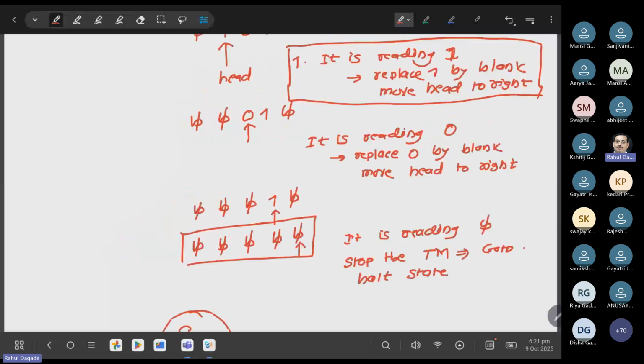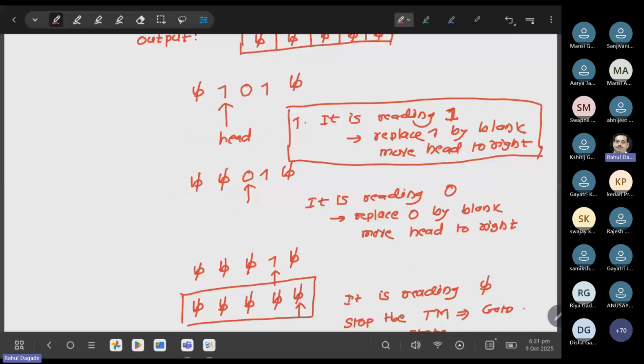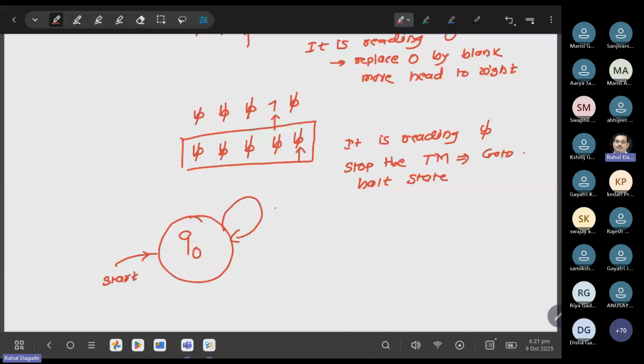We can remain in the same state because it just has to read the input, either 1 or 0, and convert it into blank. So we will remain in the same state when 1 is an input. The left part is the input and the output is shown as an arrow. So 1 is converted into blank, and we are moving the pointer to the right, so it is shown as R.